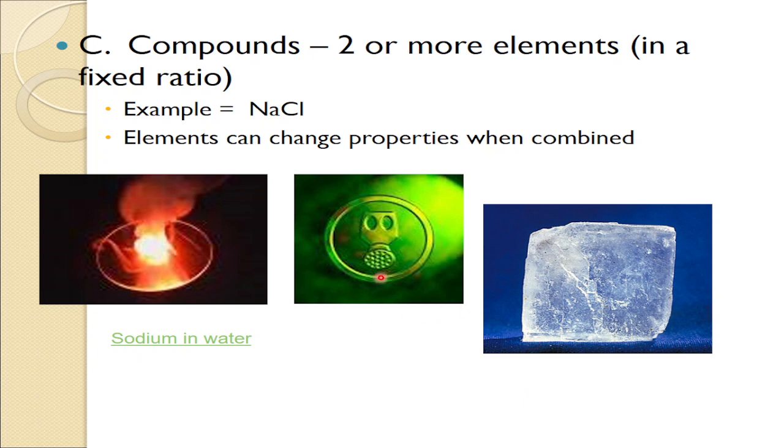For example, this one is chlorine, which is originally a gas, and we have the sodium. Once they join together, they form this one, rock salt. Chlorine was used as a bioweapon during World War I and II, so look up phosgene gas.